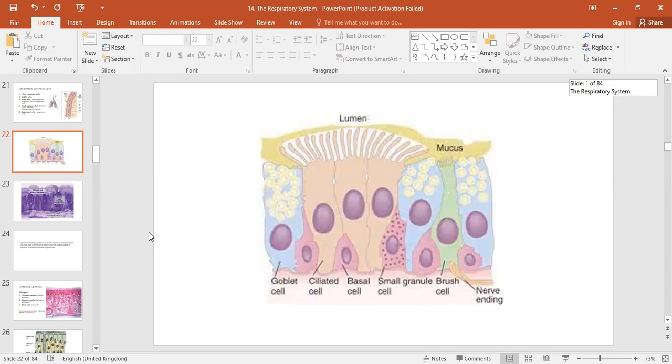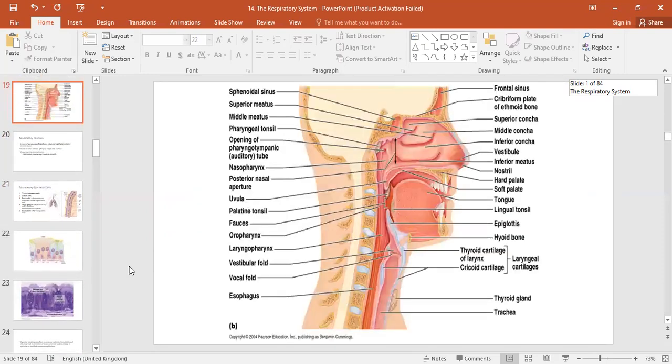Only in the alveoli will we find simple squamous epithelium, and also in the superior nasal concha we're going to find olfactory epithelium. Okay, so that's it about the nose, separated into two, external nose and internal nose.